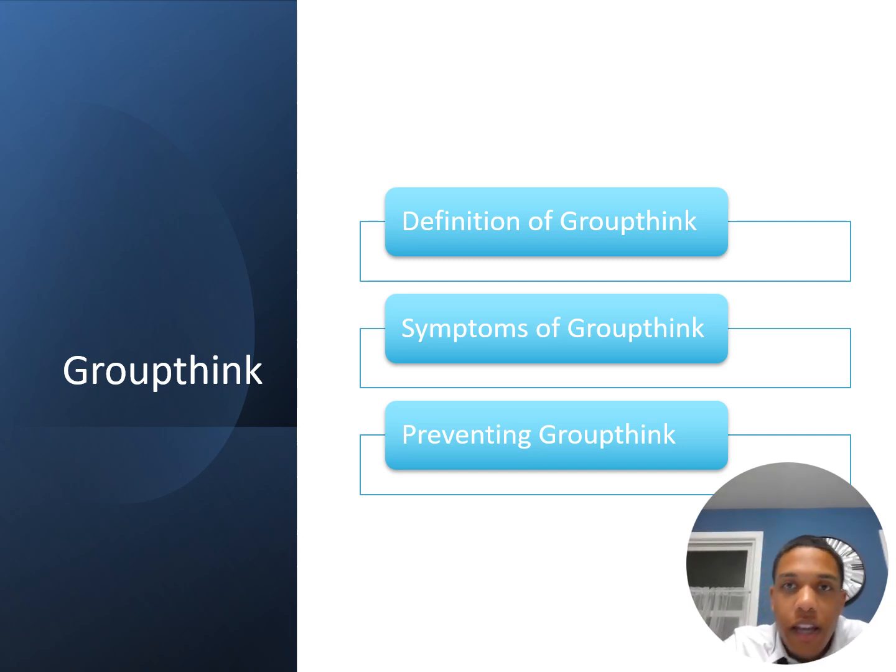Symptoms include self-censorship, illusion of unanimity, and the pressure to conform. Encouraging dialogue and critical thinking can prevent groupthink. And leaders should always create an open environment where different views are valued. Playing devil's advocate and recognizing the signs of groupthink early can help take corrective actions to ensure better decision making. All discussed before.